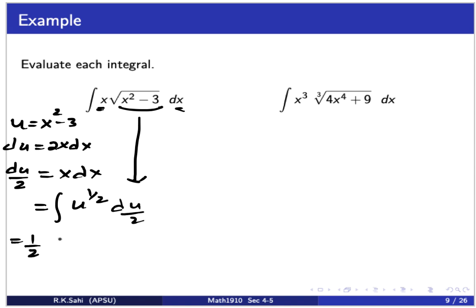So integrating, it is u to the 3/2 over 3/2, and this 2 and a 2 cancel out. So we have 1/3, replace the u by x squared minus 3, raised to the power 3/2 plus c.